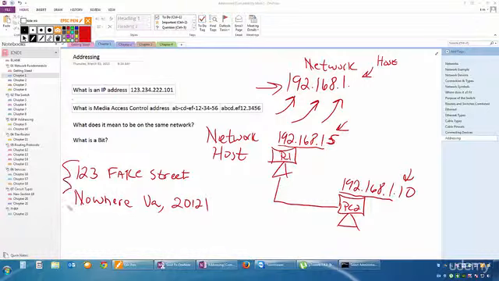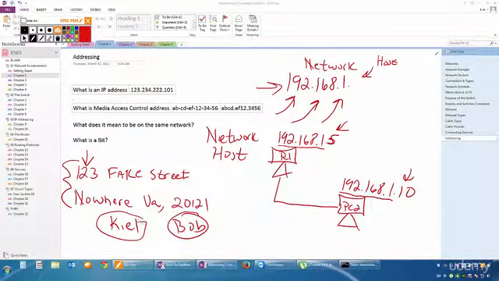Think of this as your network. Anyone who lives at this particular address can communicate with each other, right? My name is Kyle. That's my host name. That's who I am. If Bob was living with me, Bob would also have an identifier.